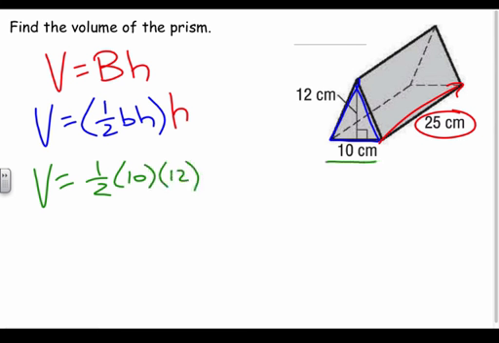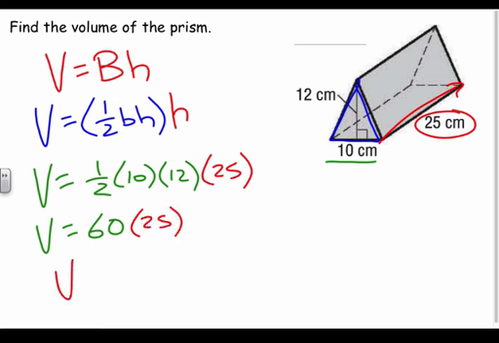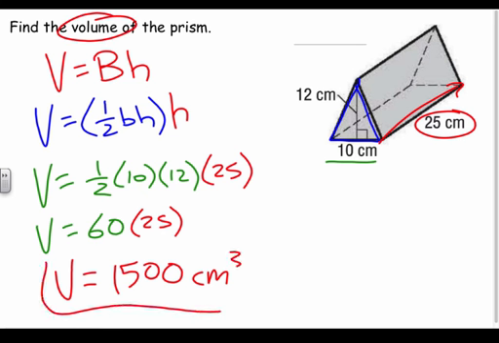So this gives me the area of the base, and I'll find that quick. It's really 5 times 12, which is 60. And then times the height of the prism, which is 25. And so times 25. And for our total volume, we end up with 1,500 centimeters. And it's volume now. So volume is 3-dimensional, so cubed, the amount of space.